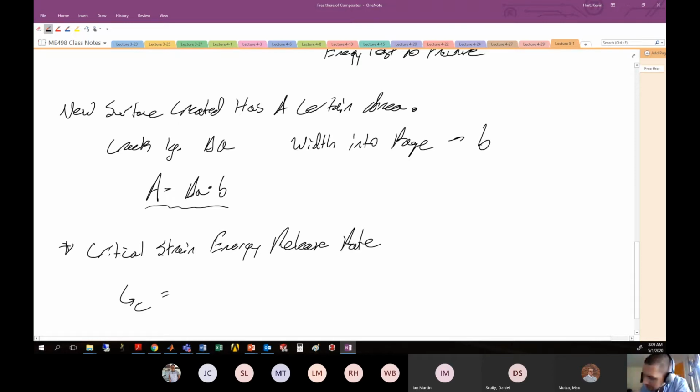is equal to the amount of energy that it was required to open the crack, which is D, divided by the area that was created when you did this fracture.